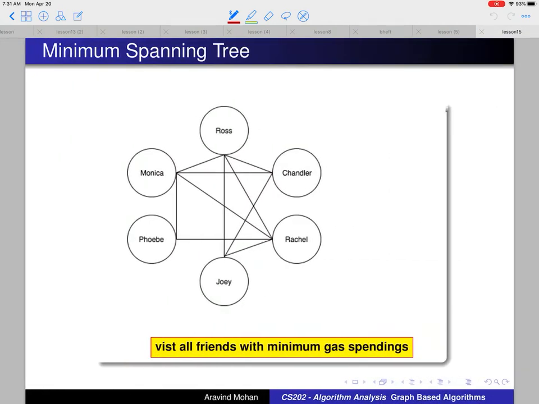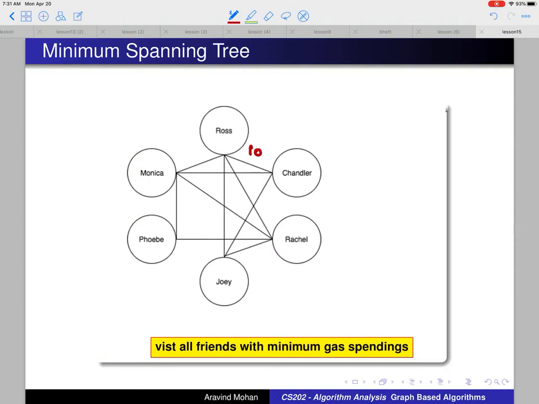So where can this particular problem be applied? Let's say we have a list of friends: Ross, Monica, Chandler, Rachel, Joey. Let's say each of these friends is represented as a vertex in this graph, and each edge has a weight.